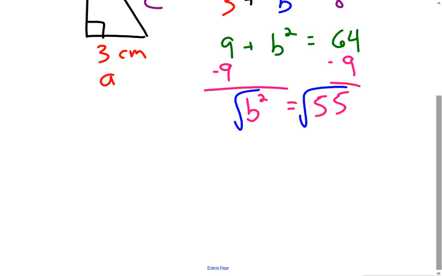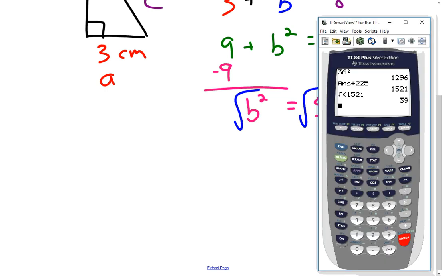So in this case, I'm gonna use my calculator to round that to the nearest tenth. So just like before, come back here. When I took the square root of 1,521, we'll do the same thing. I'm going to push second and then the squared button to get the square root part out. And now the square root of 55, my calculator will round that, and it's going to round it out a long ways. I'm just going to go to the nearest tenth.